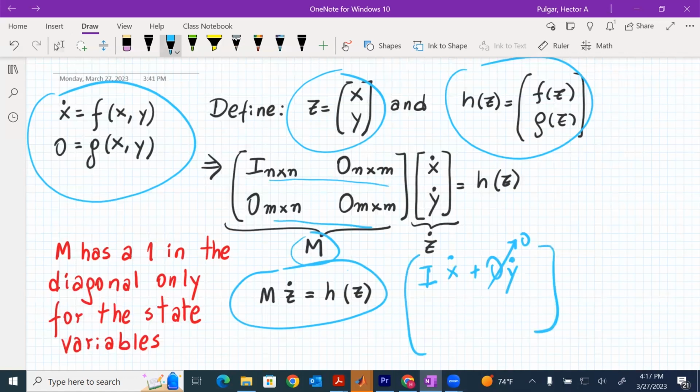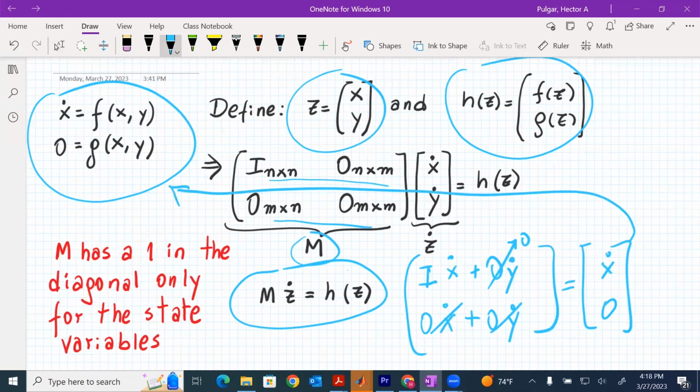The second block of this multiplication will be 0 times x dot and 0 times y dot. Of course, these two terms are 0, and we obtain exactly what we have originally in our representation, a set of differential and algebraic equations.